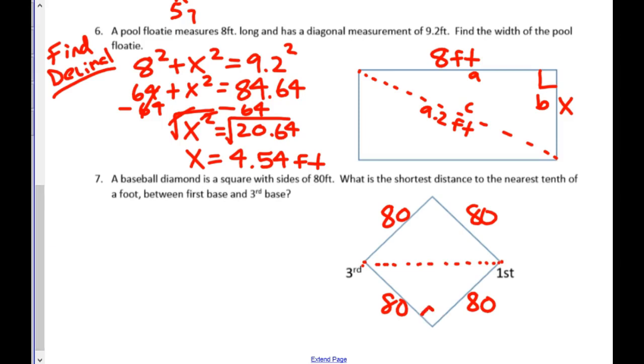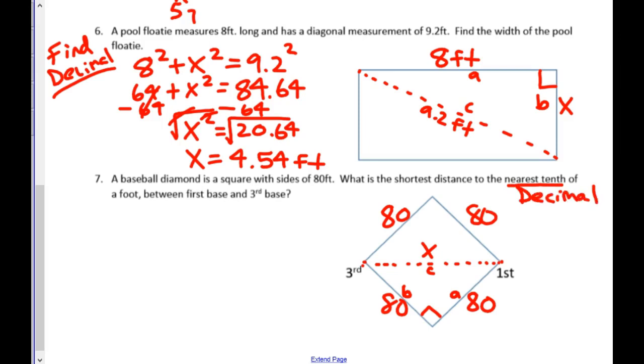So once again, right triangle on the bottom. We're missing X. And if we label A, B, and C, C is across from the 90, we have another Pythagorean theorem problem. And since we're doing to the nearest tenth, that is a decimal as well.